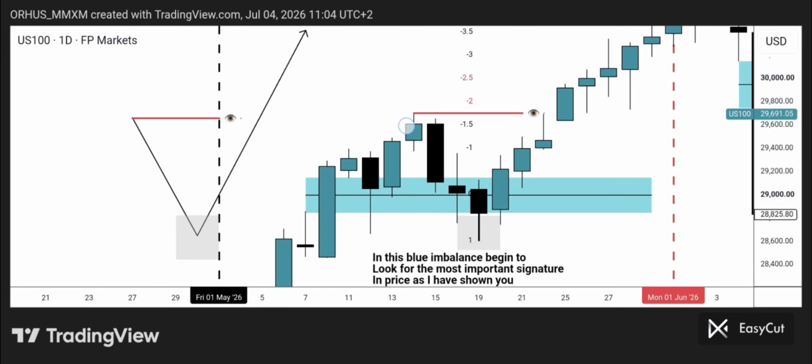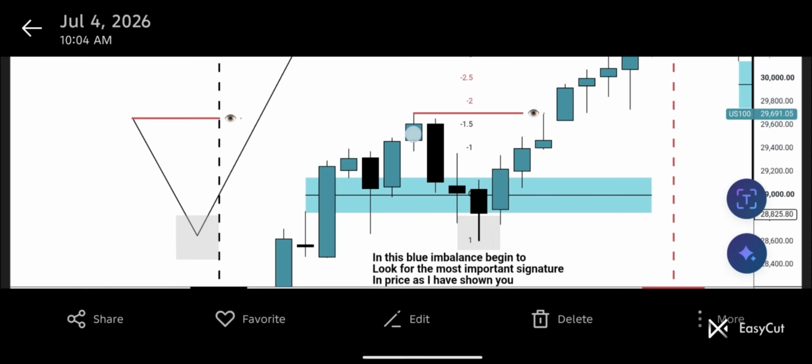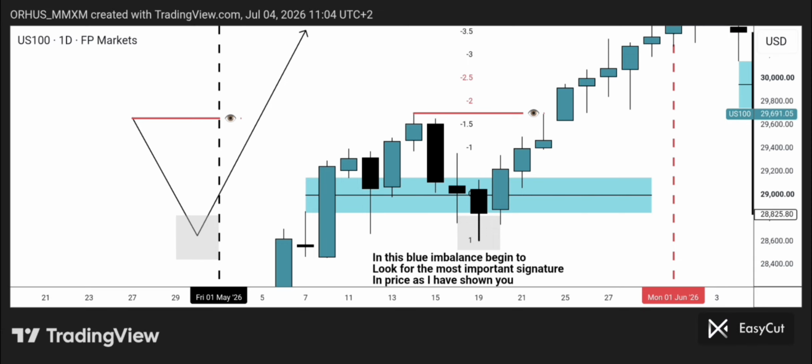So what you are seeing is a clear depiction of a market maker buy model where price obviously was here. So price gravitated lower, reaching this point. When price got here, we consolidated. Then we saw a sweep of the candle low. Then we saw price gravitate higher to the eye icon, which I've put on the chart.